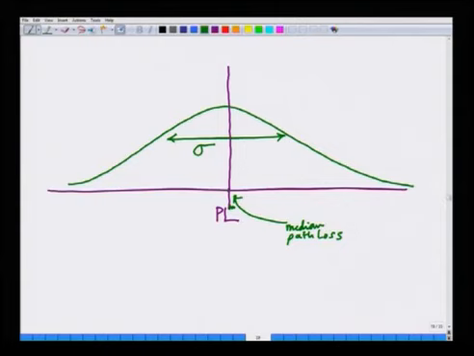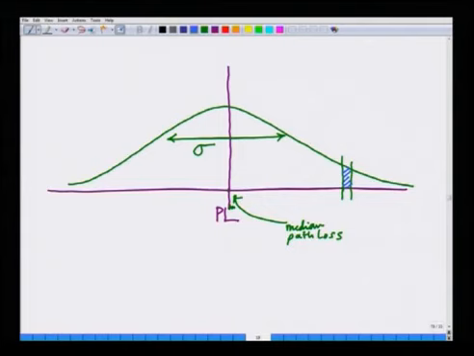Hence, for instance, the path loss can take any values in the range. If you ask what is the probability that the path loss lies here, that is given by the probability that the path loss lies in this small region. So, the path loss can fluctuate as a function of distance and time. It is a random variable, and hence we can only speak about a probability.